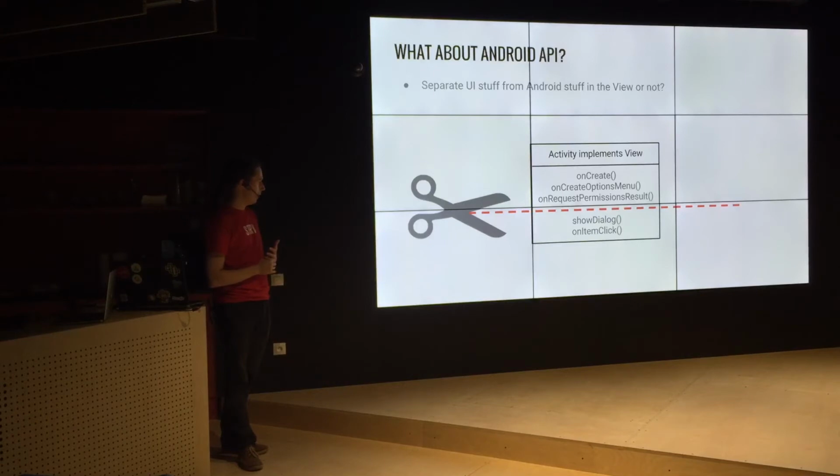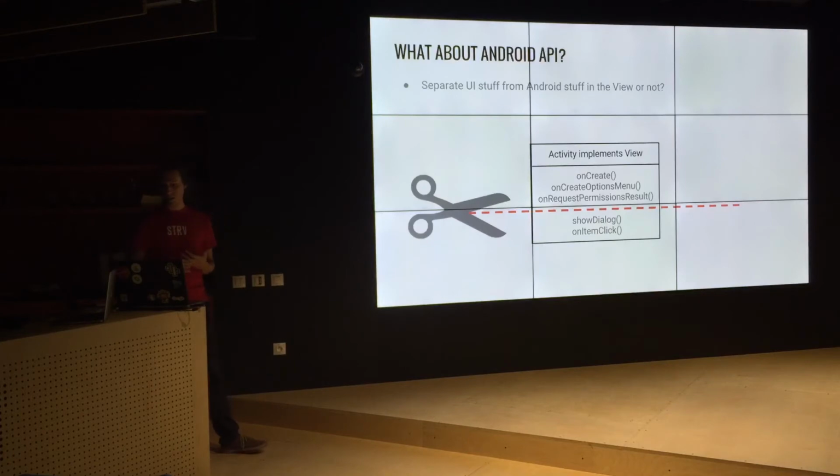So it could make sense to separate it, but as I said before, I prefer to keep it simple. So I usually don't separate it in my applications, and I keep UI stuff and Android stuff in one class, in activity or in a view.